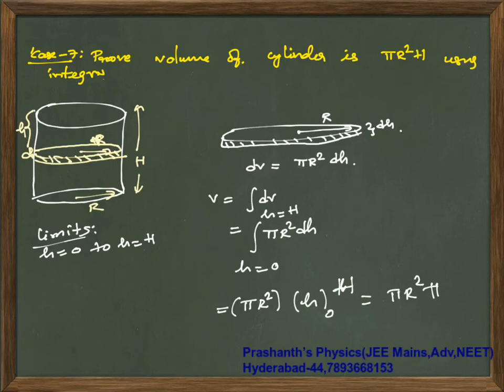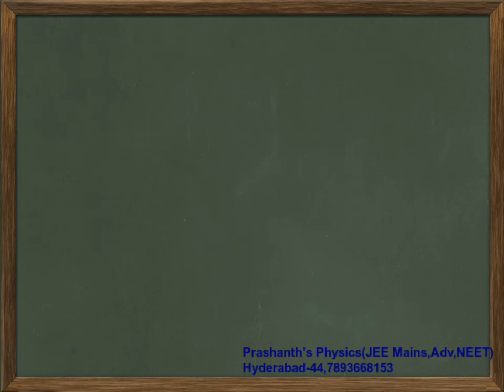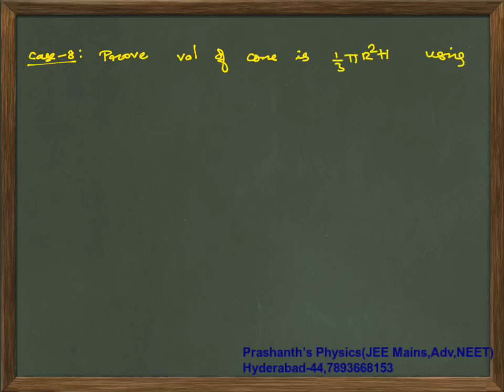Okay, next, similarly, if you consider the next case, that is: prove the volume of a cone is 1 by 3 pi r square h using integration. Okay, so for the volume of a cone, what you are going to do is, you have a cone.